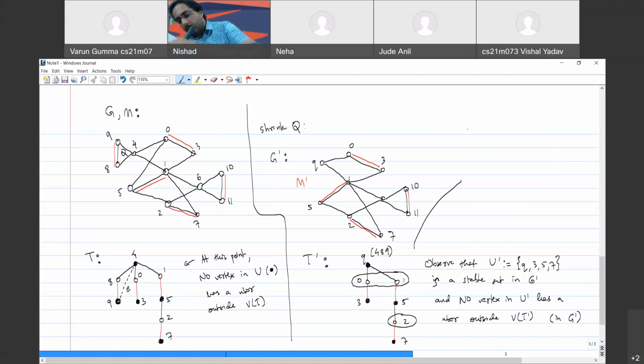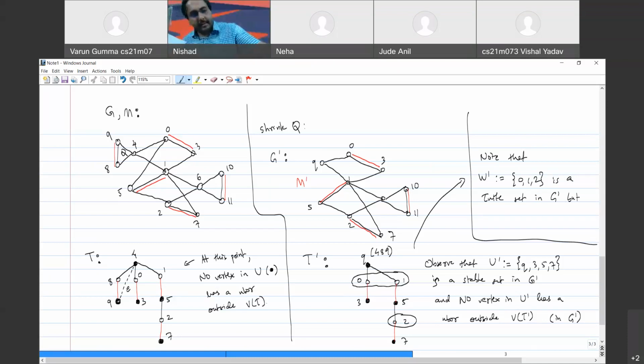So we'll discuss this more tomorrow. I don't want to, maybe I'll just leave it to you to think about it. So note that the set W prime, which is the white vertices in T prime, which is 0, 1, and 2, is a touch set not only in the graph G prime, but also in G. And I want you all to think why.